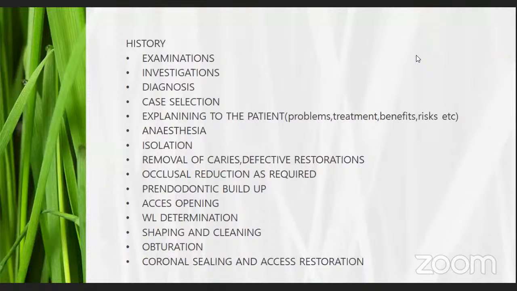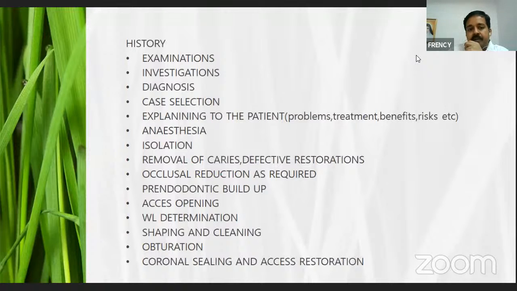If you are planning for a full coverage restoration, you have to give an occlusal reduction also, so that the patient will not experience much pain after the first visit. Then pre-endodontic buildup is a very good technique. Then access opening, working length determination, shaping and cleaning, obturation. Then another important part is coronal sealing and good access restorations.